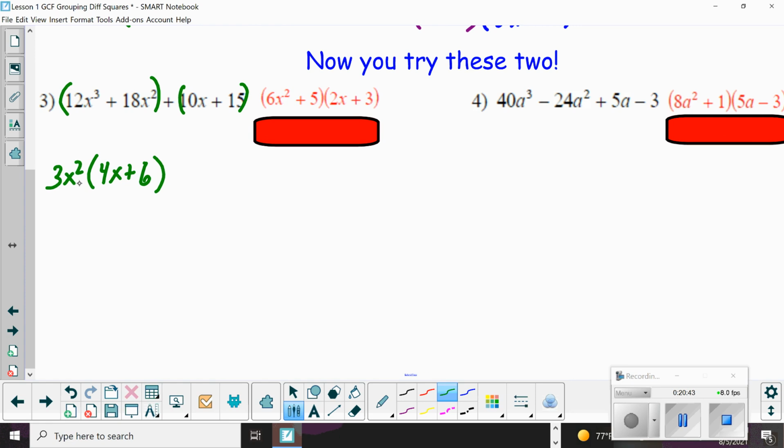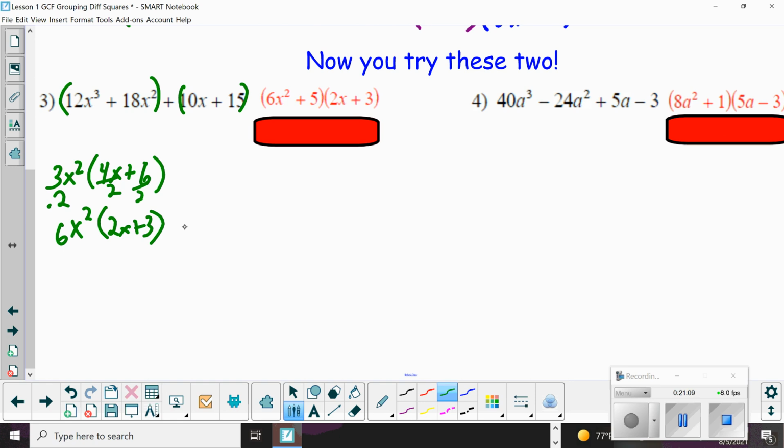So if I take out 2, 2 times 3 times 2 is going to be 6, x squared. Now I have 2x plus 3. I want to show you that it's okay to sometimes not get it right the first time you pick your greatest common factor, as long as you stop and look at what you did.